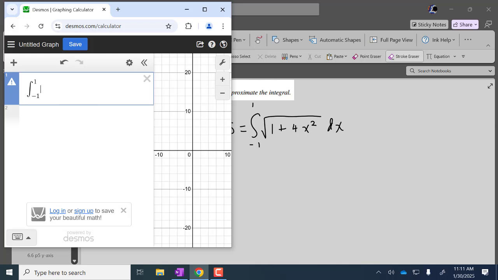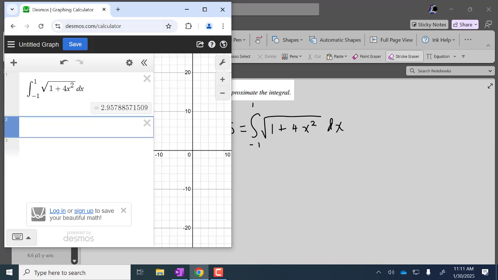Type in int, and it creates the integration symbol with limits of integration. Here we have to do a square root, so sqrt automatically builds the square root, and we just do exactly what we think we should do. There's our answer. It's an approximate answer, not an exact answer.